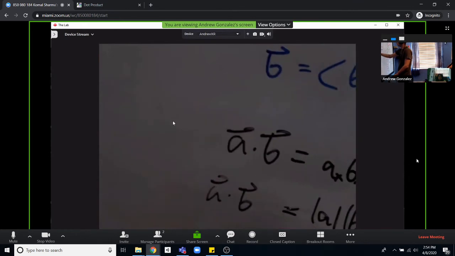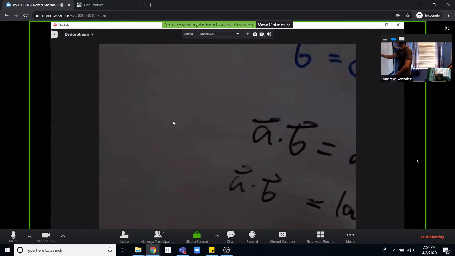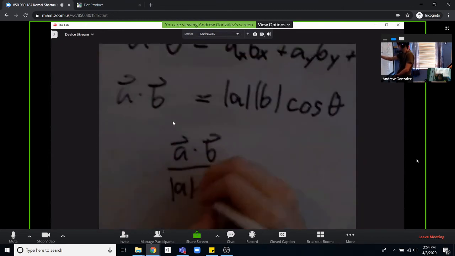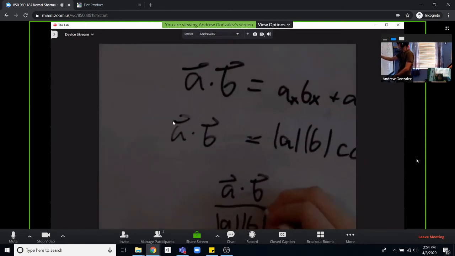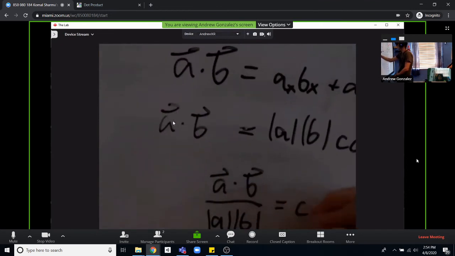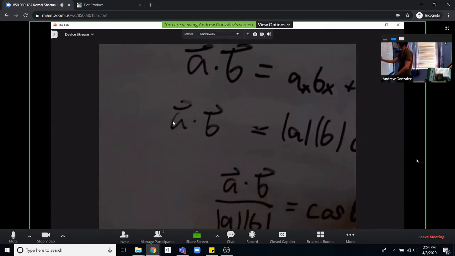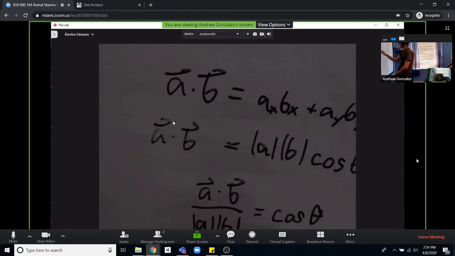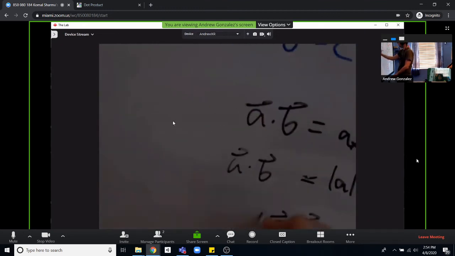Let's rewrite this equation where we have the dot product at the top, and then the magnitude of the A vector times the magnitude of the B vector in the denominator, set equal to the cosine of the angle. Now, all we have to do is find the inverse cosine and apply it on both sides.